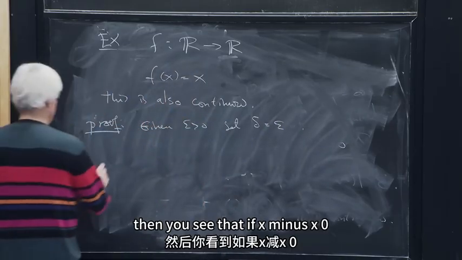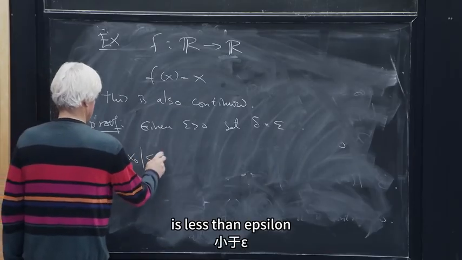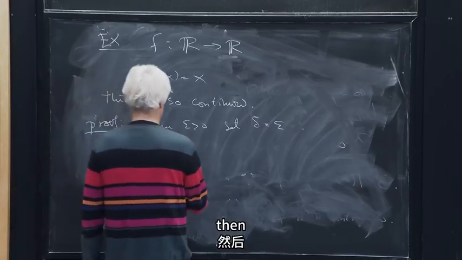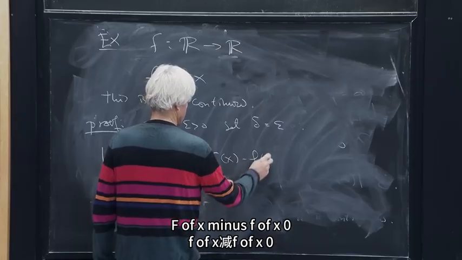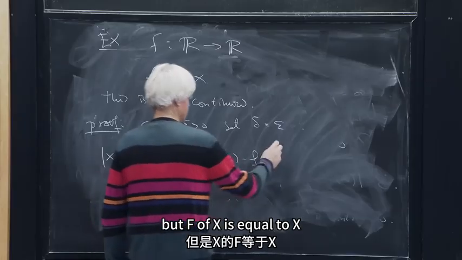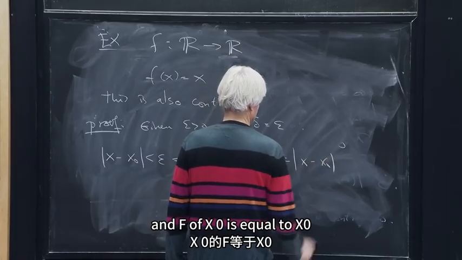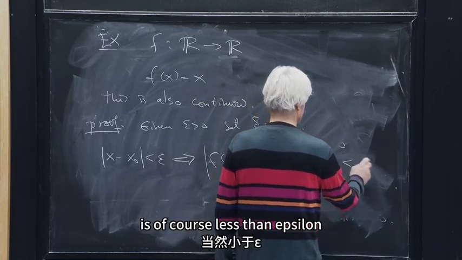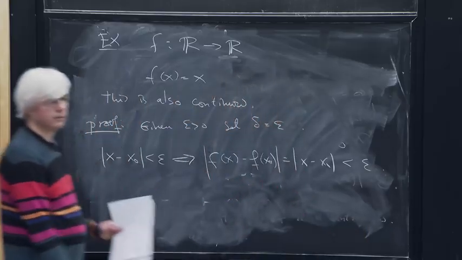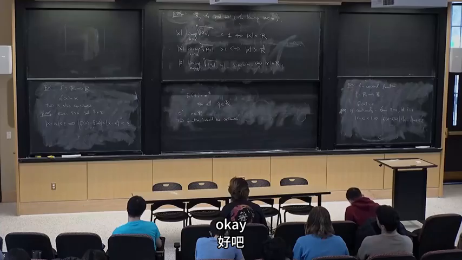Then if |x minus x0| is less than epsilon, then f of x minus f of x0, but f of x is equal to x, and f of x0 is equal to x0. So this thing here is, of course, less than epsilon also, right? So that's kind of trivial, okay?